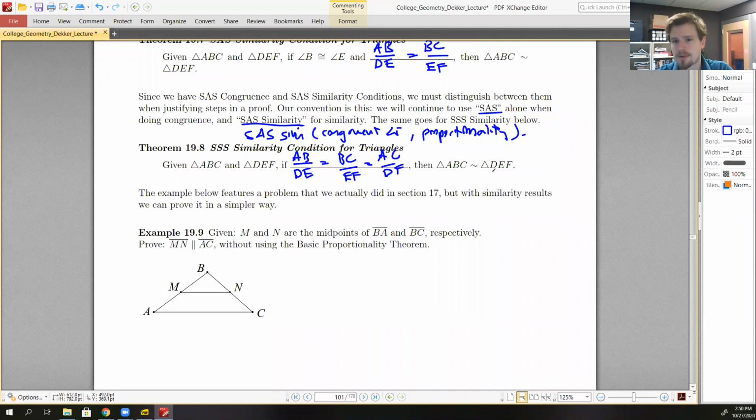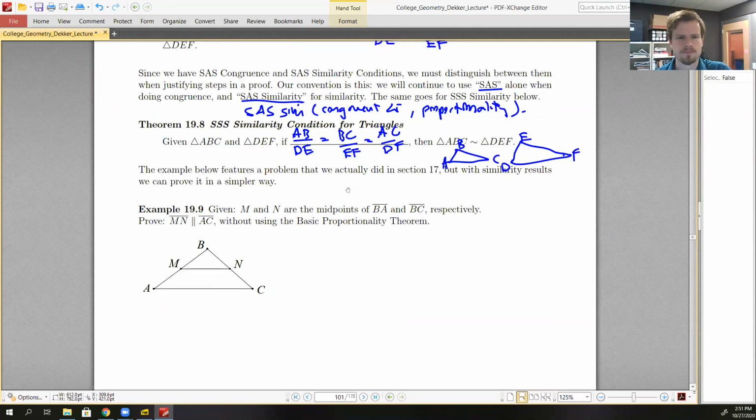We are writing this in a very particular way. A corresponds to D, B corresponds to E, C corresponds to F. So if we have two triangles that we want to say are similar, these ratios are very particular, not just any two sides. A, B, C, D, E, F, because we need that specific one-to-one correspondence where the corresponding angles given by the correspondence are congruent.